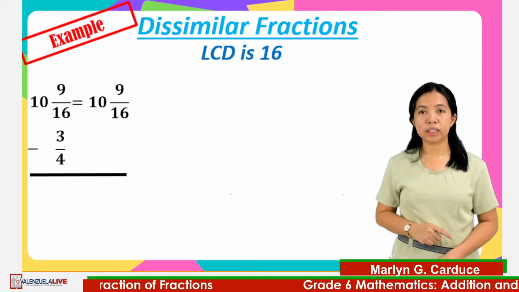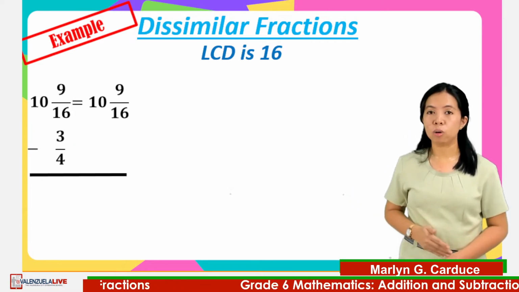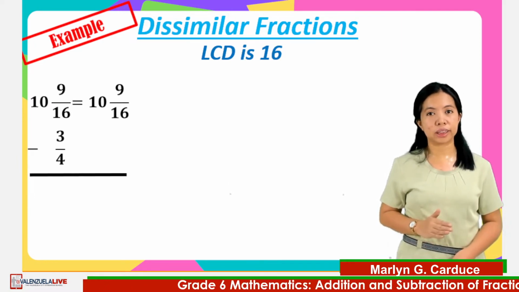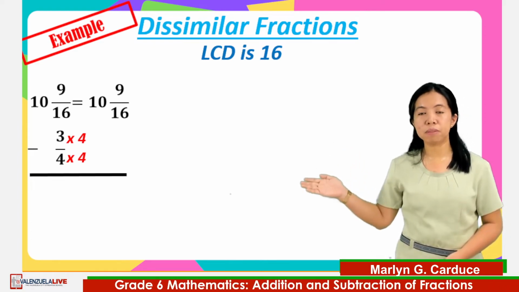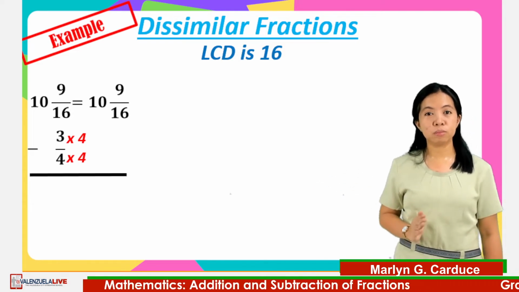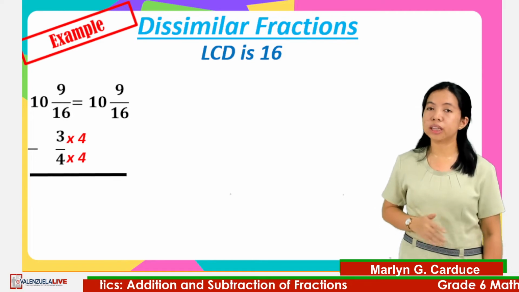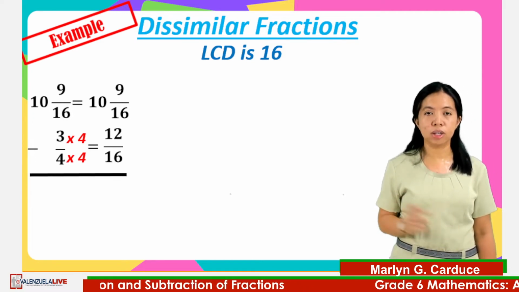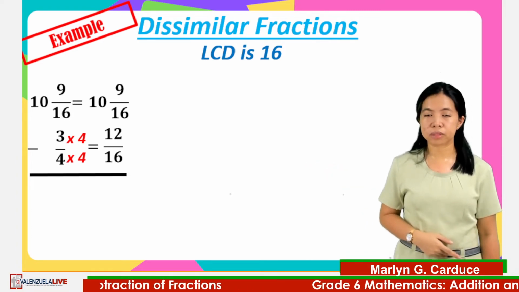While for 3/4, if the denominator is 16, what number should be multiplied by 4 to get 16? Yes, it's 4. So the same rule applies. Whatever number you multiply to the denominator, you will also multiply to the numerator. 3 times 4 equals 12, and 4 times 4 equals 16. So we now have 12 over 16.